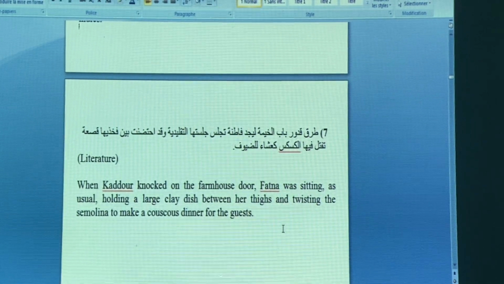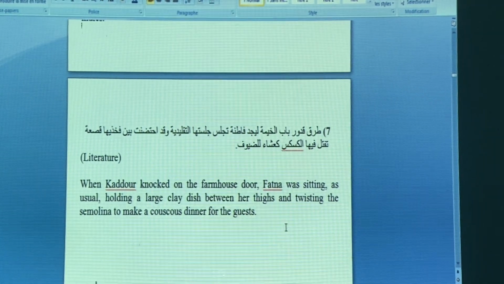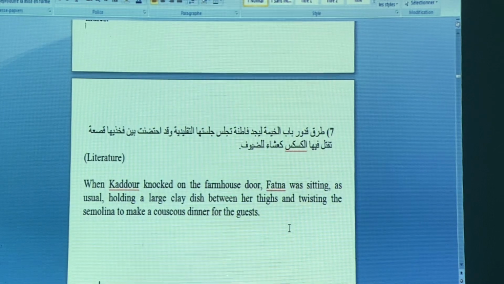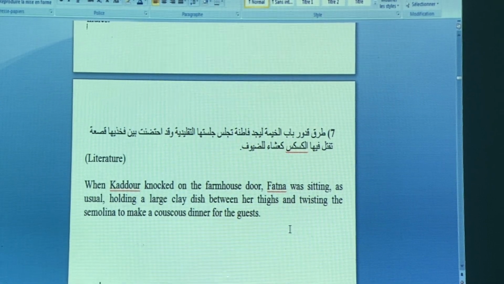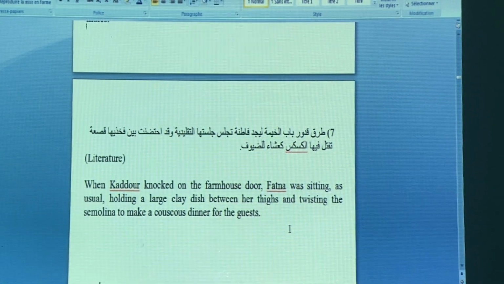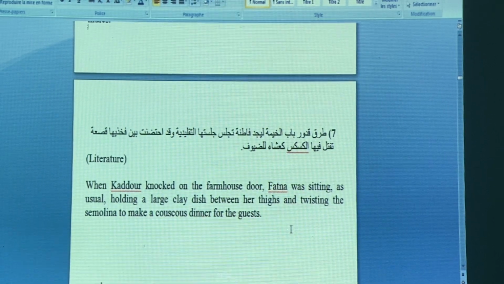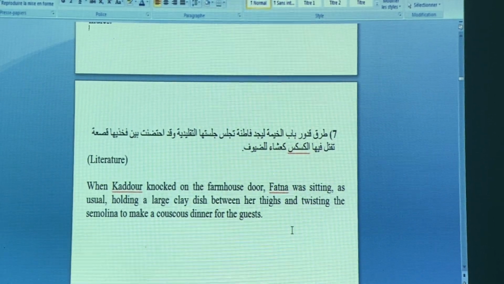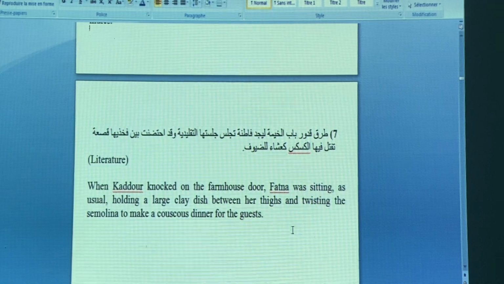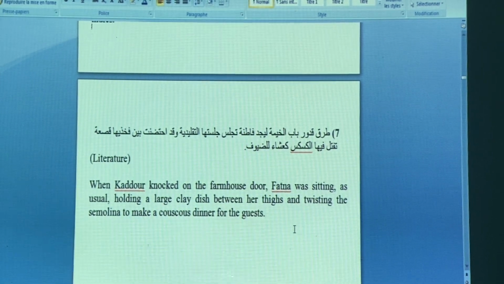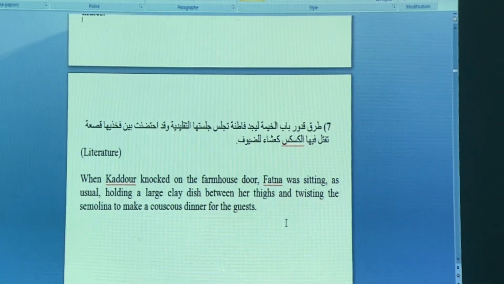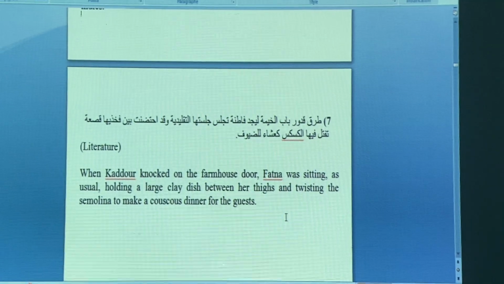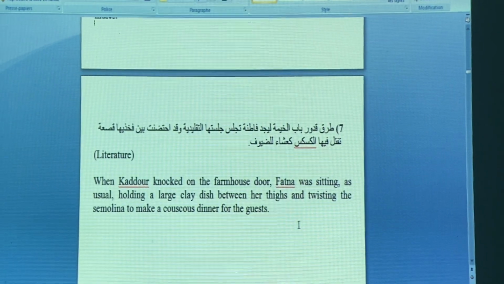It's not a traditional way of sitting, but it's a habit. It's the way she likes to prepare couscous. She likes to sit down and hold the qas'a and keep twisting the semolina to make couscous as a meal. So she was sitting as usual, holding a large clay dish between her thighs and twisting the semolina to make a couscous dinner for the guests.